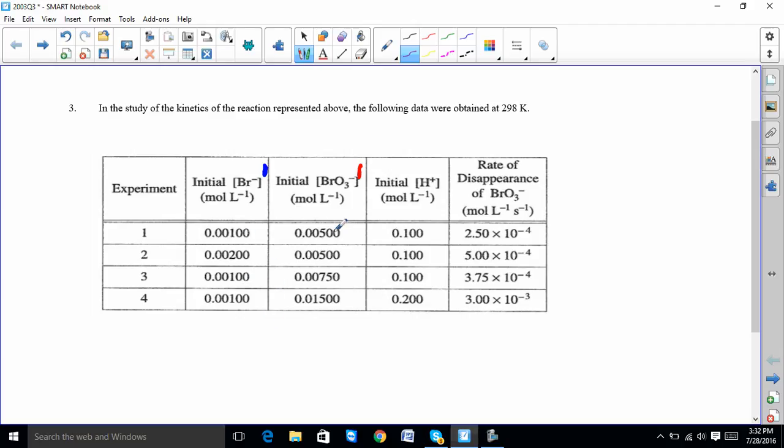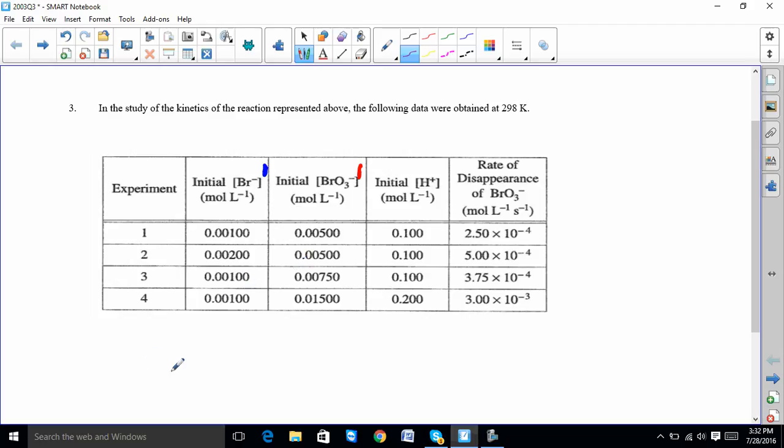If I use 1 and 3, no, that's changing. 3 and 4, that's changing. And 1 and 4, that's changing. And so the problem is there really isn't a set of trials in which both of these are held constant, and that's what makes it non-trivial.